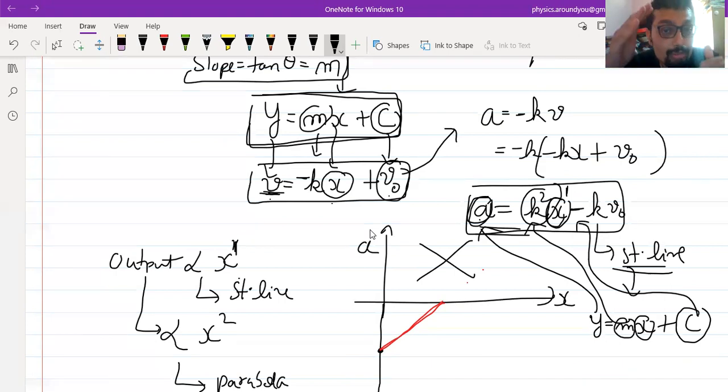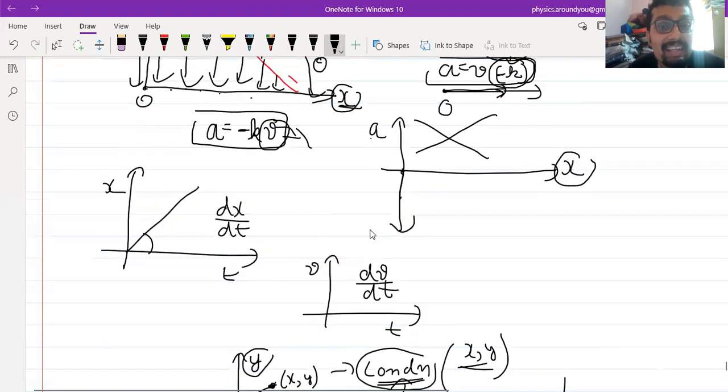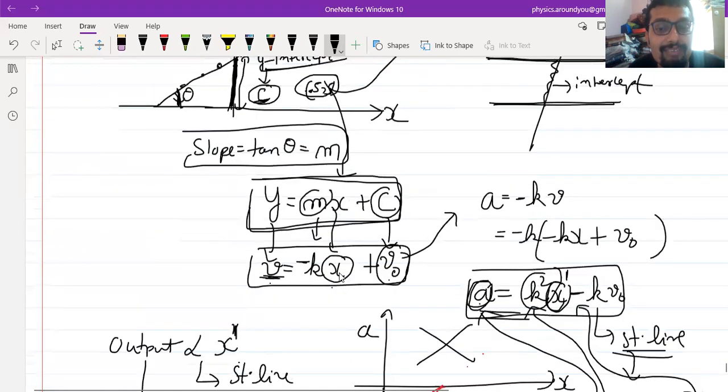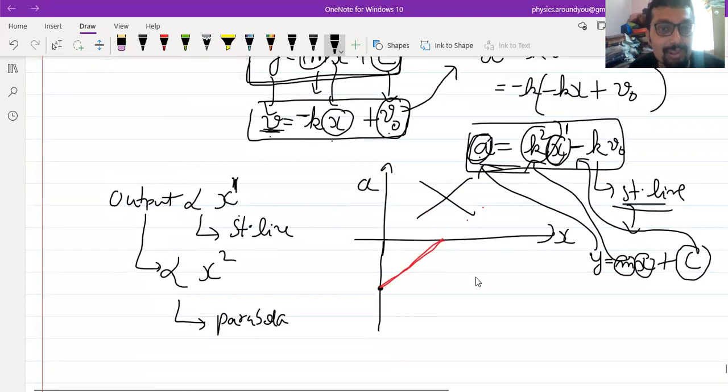This involves a lot of straight lines, comparisons, slopes, positive, negative, how do you interpret, so forth. So now, Apeksha, any more details left uncovered, not very clear, you can ask me. No, sir, clear. Right? So this is how a JEE NEET question will be. Given the Vx plot, how will you get the Ax plot?